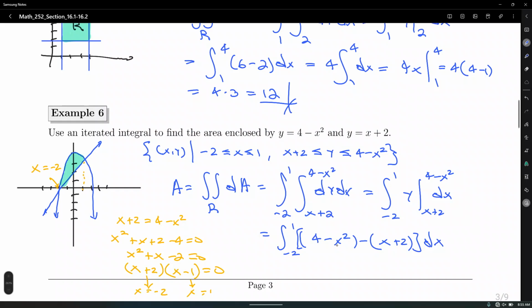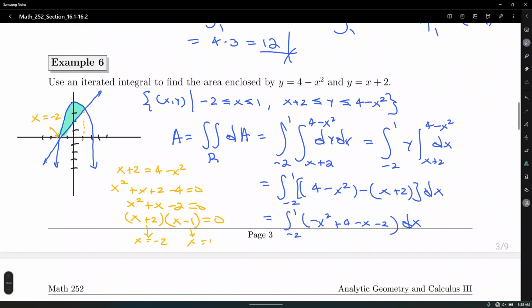Well, this is going to be the integral from negative 2 to 1 of negative x squared plus 4 minus x minus 2 dx. Simplifying, that gives the integral from negative 2 to 1 of negative x squared minus x plus 2 with respect to x. I'm going to skip the integration here and the upper limit minus lower limit.